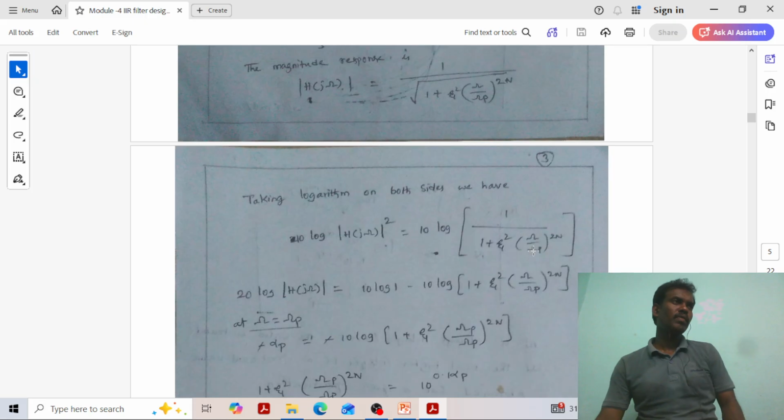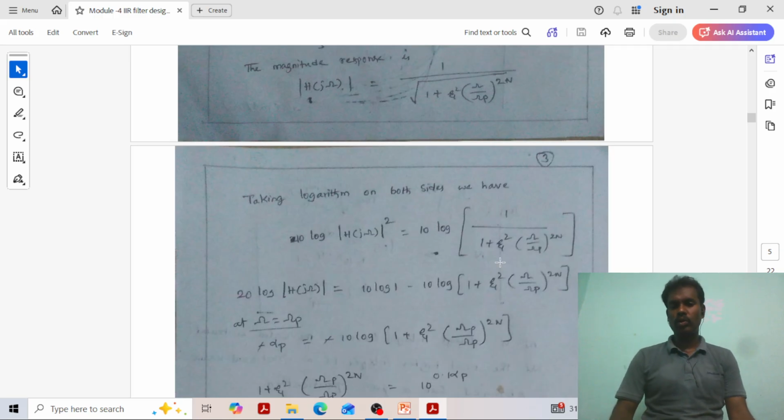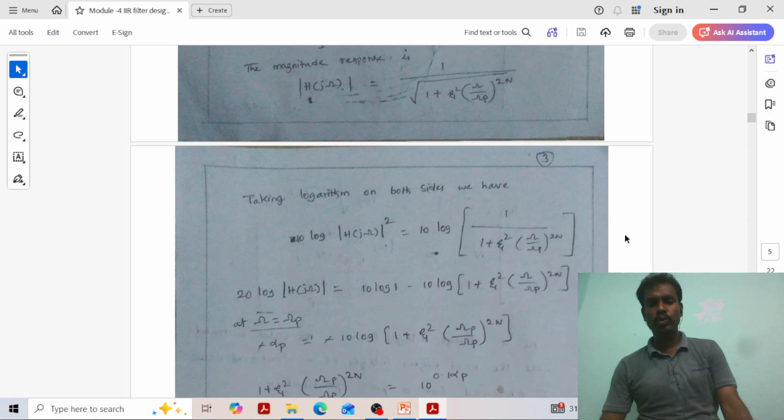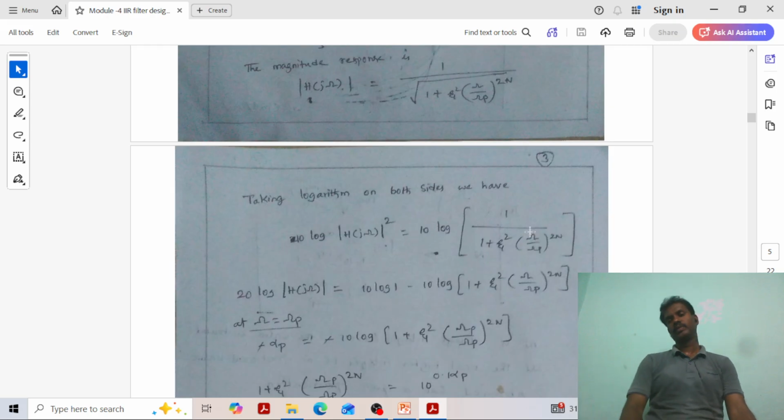So when omega equal to omega c, what is the value? 1 by root 2. The magnitude is 1 by root 2. When will we get 1 by root 2? When omega c gets cancelled and epsilon becomes 1, then only we are able to get 1 by root 2.